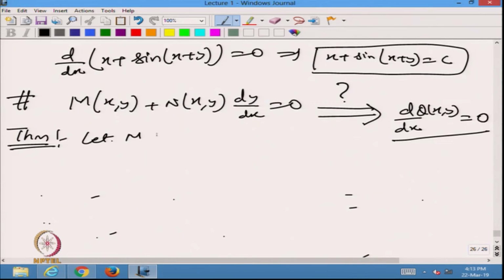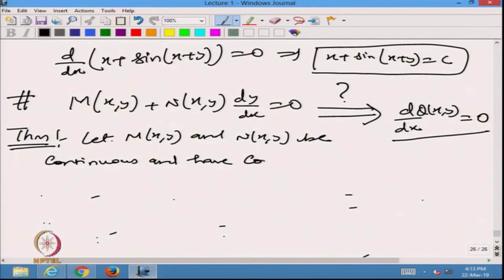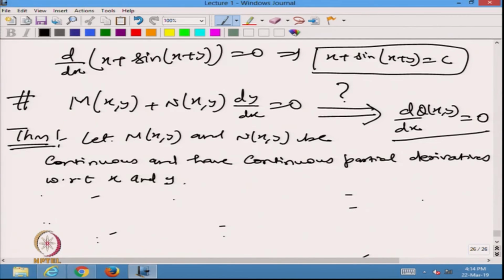So, let M(x,y) and N(x,y) be continuous and have continuous partial derivatives with respect to x and y in some domain, region R. So, R we define as some [a,b] multiplied by [c,d].